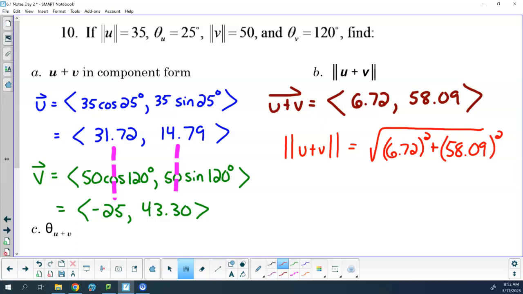So 6.72 plus 58.09, the magnitude here is 58 point, we'll call it 48. Anybody back me up on that? Yeah? All good?